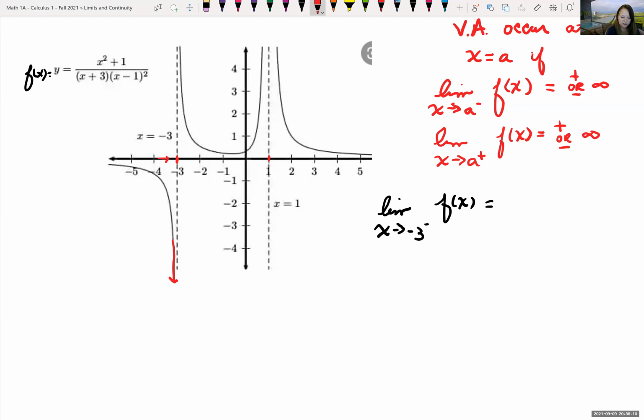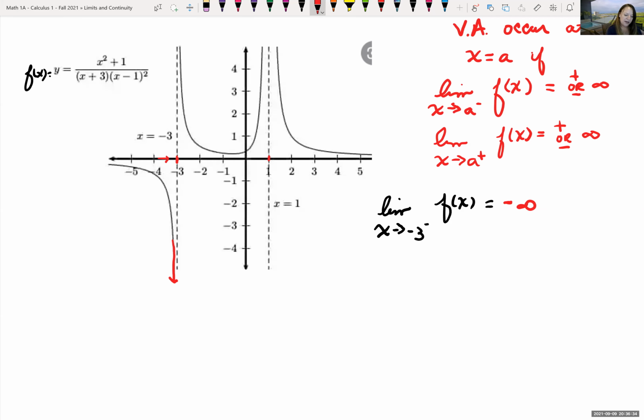It's getting smaller and smaller. This is going off to negative infinity. Recall, the limit didn't exist if it wasn't going to one particular number. But because we like to know what's going on with a graph, if it's going to infinity or negative infinity, even though the limit doesn't exist, we like to state where it's going.